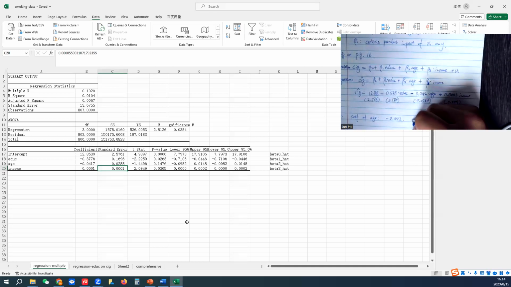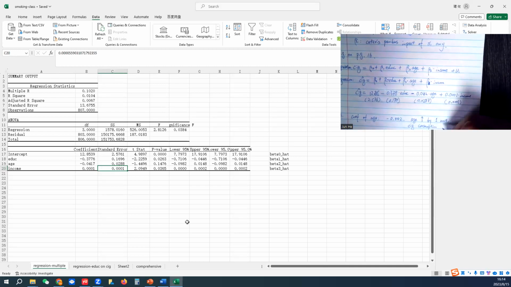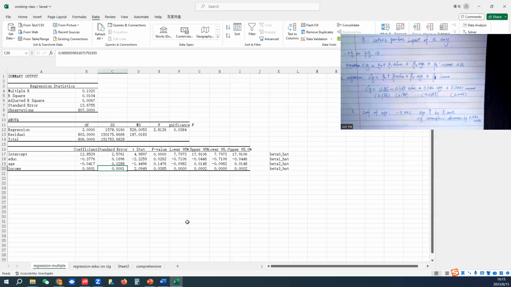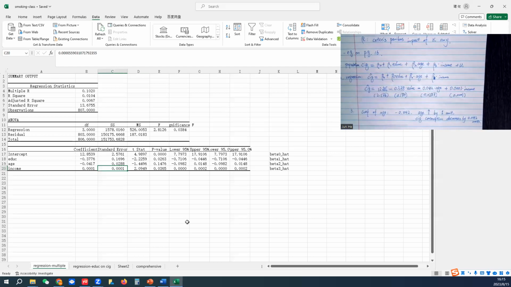That means your age increases by 1 unit, which is 1 year. Cigarette consumption is estimated to decrease by 0.042 units. Could be packs, could be 10 packs. It's based on the units that your data is at.